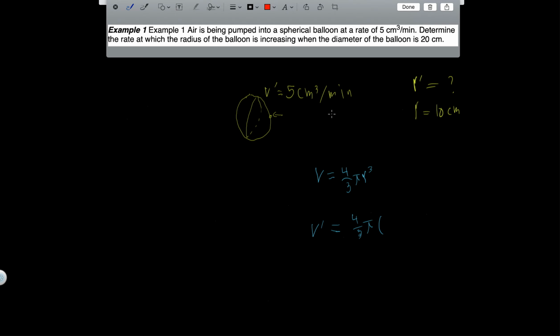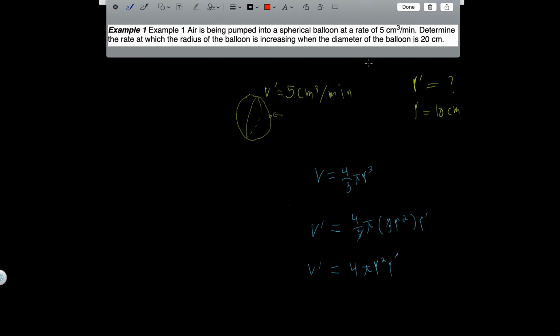And then the derivative of r to the third is 3r squared r prime, because of the chain rule: r is in terms of time, so we multiply by r prime. Let's simplify this a little bit. The 3's cancel, so we're left with V prime is equal to 4 pi r squared r prime.